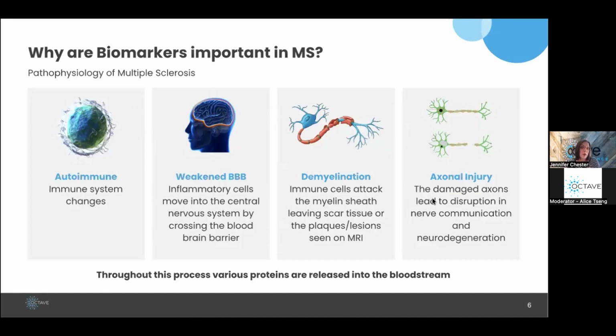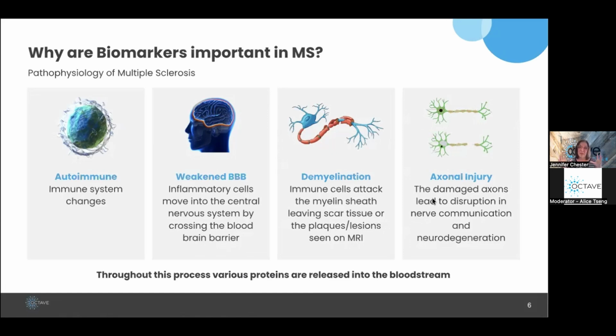It's not behaving properly. So we see these autoimmune system changes, and then those abnormal cells cause inflammation in the brain and spinal cord. There's a thing called the blood-brain barrier that protects our brain and spinal cord from those infection and immune cells crossing over.